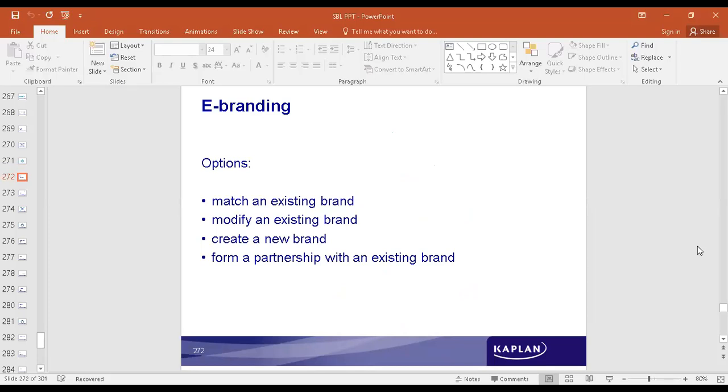E-branding. What are the options that are available for e-branding? Match an existing brand, modify an existing brand, create a new brand, or form a partnership with an existing brand. So branding is distinguishing themselves from others. E-branding happens on the electronic platform.